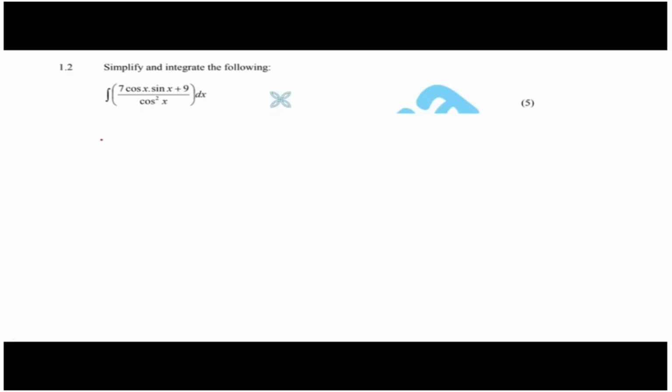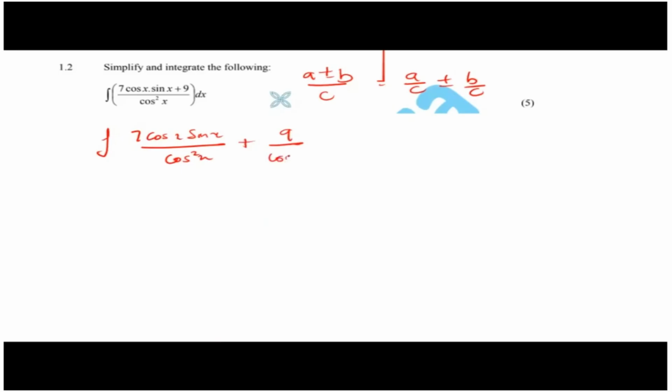All right, so how do you simplify this one? You know that (a plus or minus b) over c is the same thing as a over c plus or minus b over c. So this is the same as 7 cos x sin x over cos squared x plus 9 over cos squared x dx.